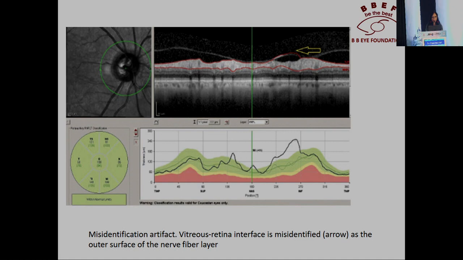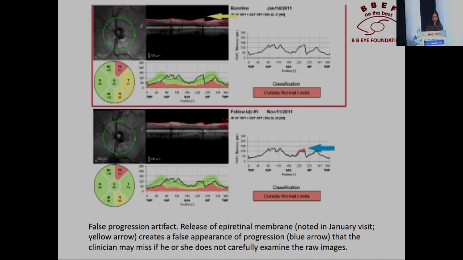If you look at the misdirection artifact, the vitreous retina interface is misidentified as the outer surface of the retinal nerve fiber layer, so that could lead to a misinterpretation. And similarly here, false progression artifact: release of epiretinal membrane is noted, which creates a false appearance of progression that the clinician may miss.